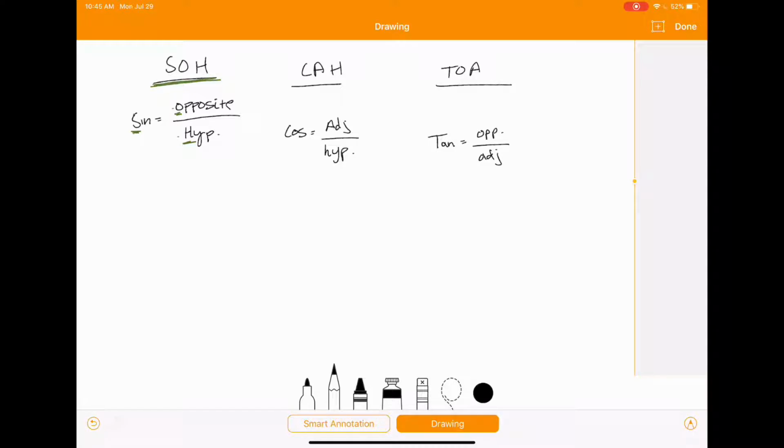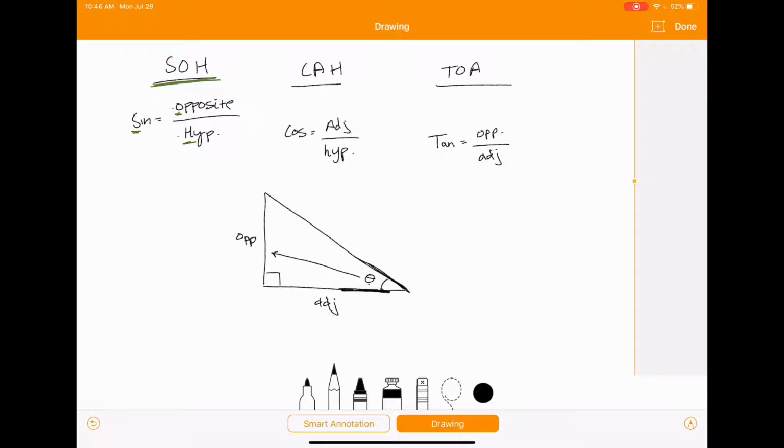So again, if you're looking at a right triangle, then you're going to have some angle theta here. The sine of that theta is going to be your opposite side, because it's opposite of that angle, over the hypotenuse. The adjacent is the side right next to your angle that is not your hypotenuse.